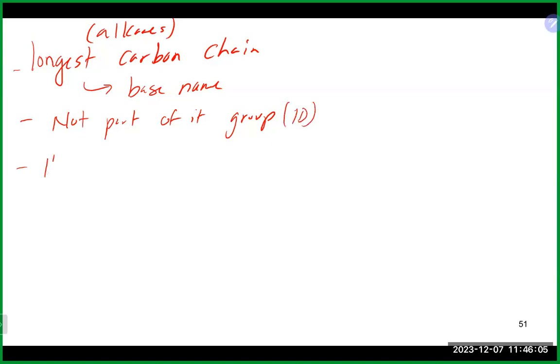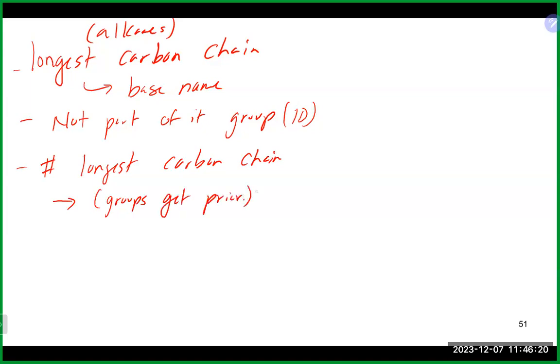And you want to then number the longest carbon chain. So when you number the longest carbon chain for alkanes, it is the groups that get the priority. And you want to make sure that you give the groups the smallest number possible.